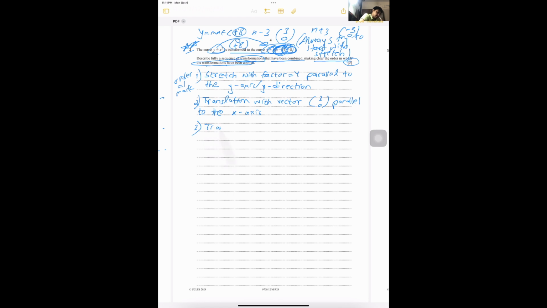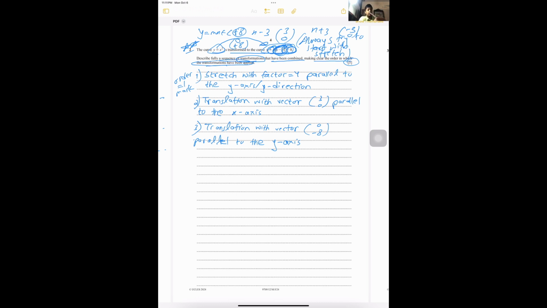Okay, so translation with vector (0, minus 8) parallel to the y axis, right? So I hope that was clear.